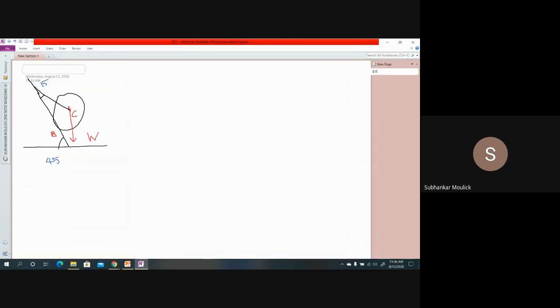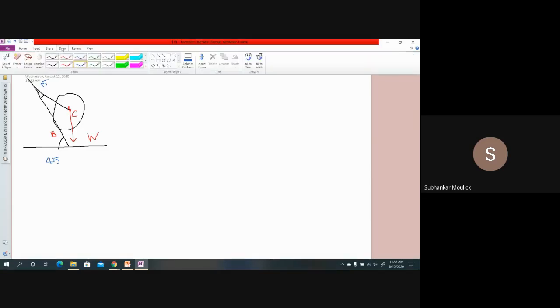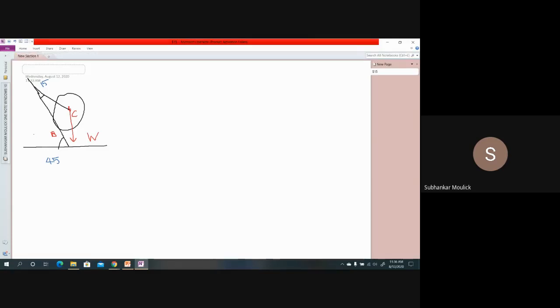I know from this question that the inclined plane is in contact with this roller at point B. So after removing the inclined plane, it will give a reaction to this roller at point B, and that reaction will be perpendicular to the surface. That means in the free body diagram at point B, I will get a reaction somewhat like this. This will be the reaction RB.